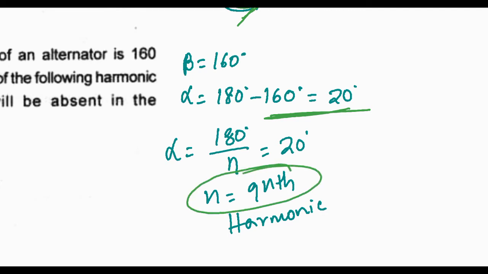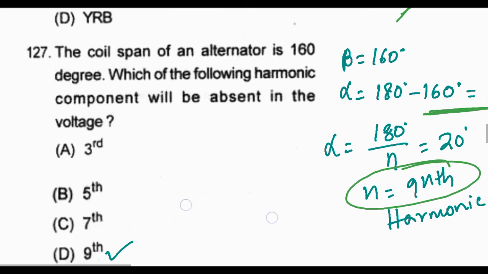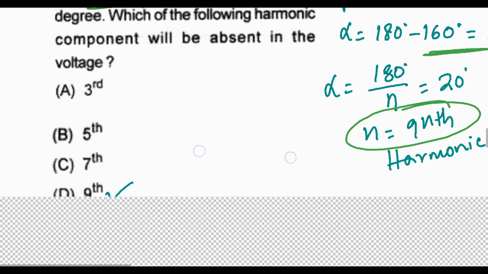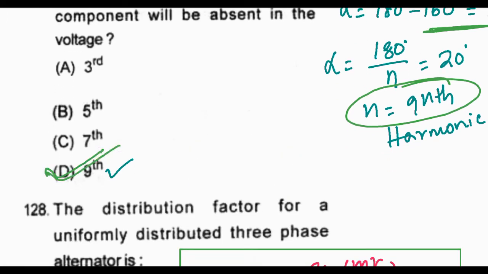To eliminate the ninth harmonic, we wind the coil with a span of 160 degrees. So the answer will be ninth harmonic.